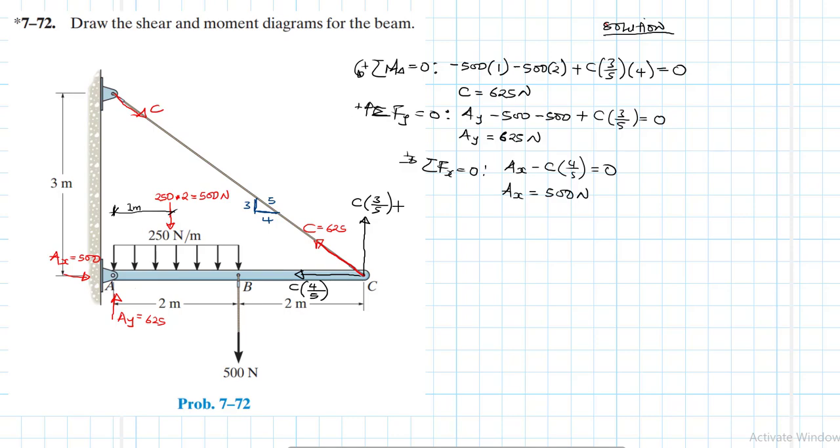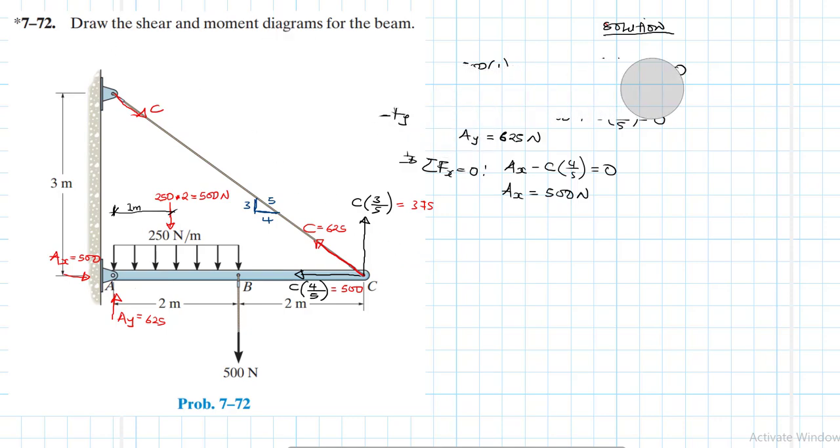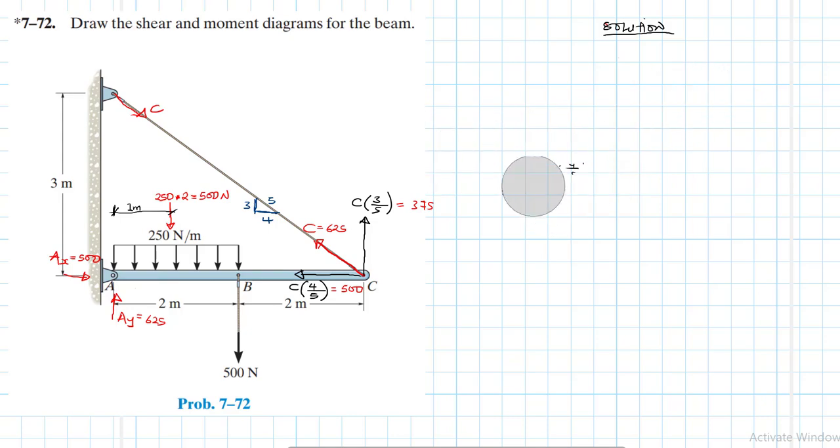This one here, the vertical component of C, is 625 by 3 divided by 5. This is a 375. And then this one is a 500, right? Yes, that's a 500. So with this information, we can now go directly and start doing the plots.